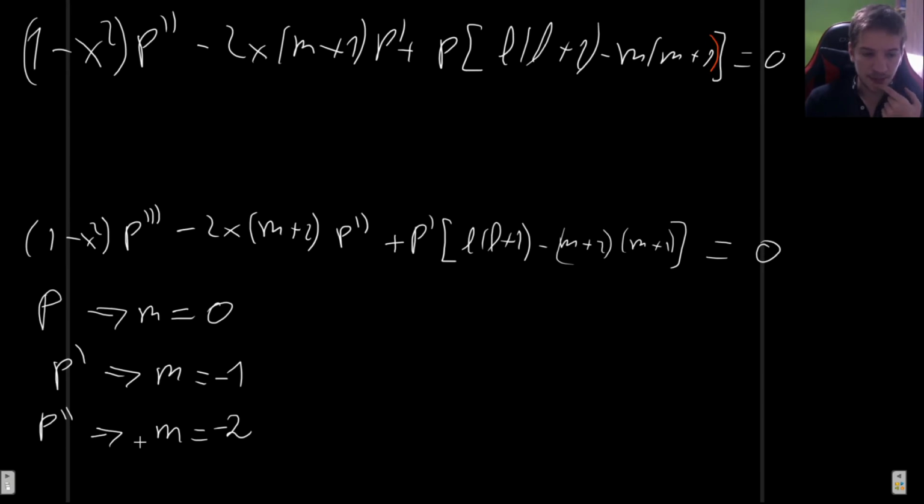So what does that mean? That means that our theta that we had before, remember, this was 1 minus x squared, to the m half power, times the solution of this equation, because remember, this was what we already had. So we have 1 minus x squared, and remember, since m can also take negative values, we're going to want to take the absolute value of this.